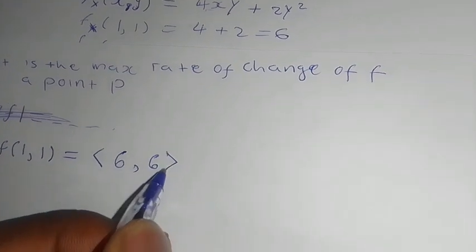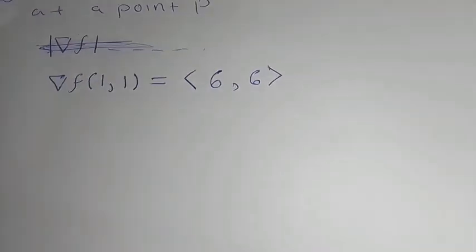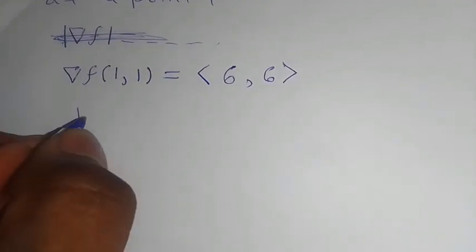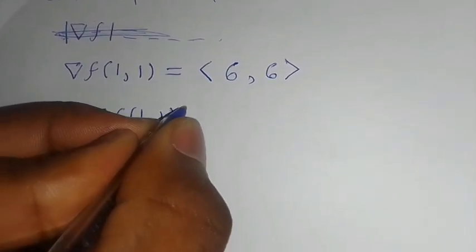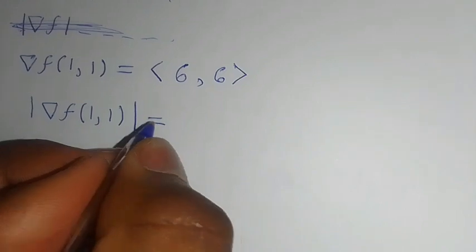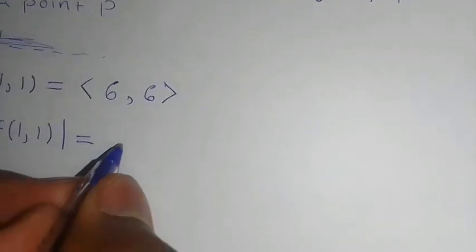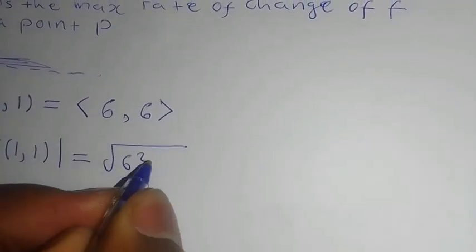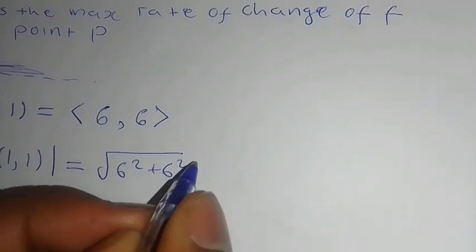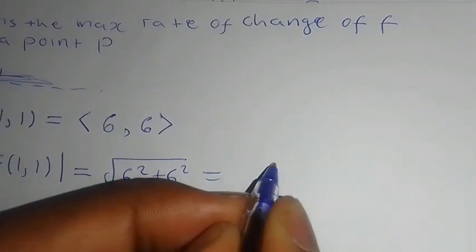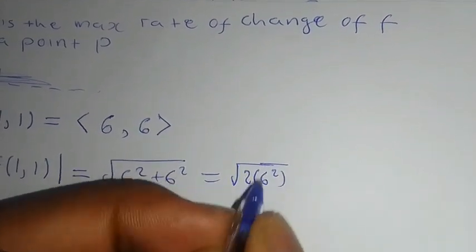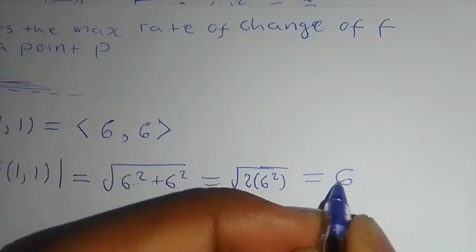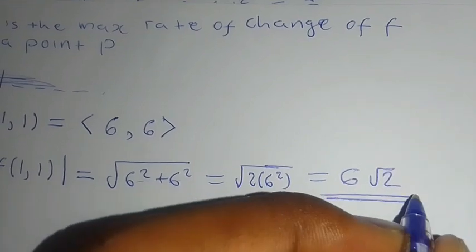So the maximum rate of change is just the magnitude of our gradient vector. The magnitude is the square root of the sum of the squared components, and 6 squared plus 6 squared is 2 multiplied by 6 squared. Notice that you can take the 6 squared outside the square root. The square root of 6 squared is just 6, so the magnitude is equal to 6 root 2.